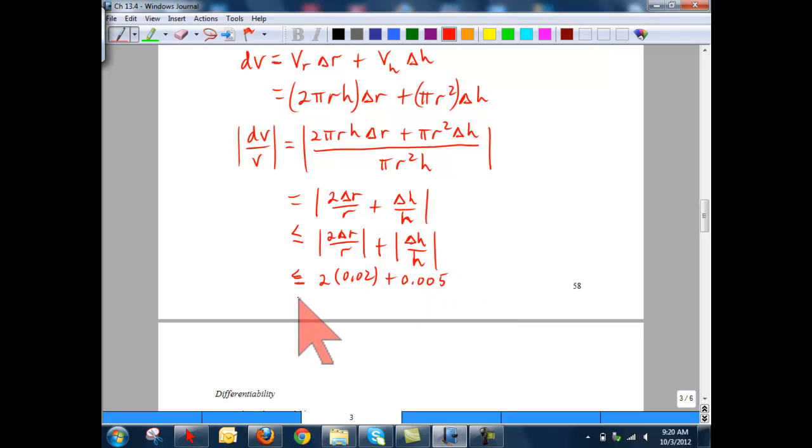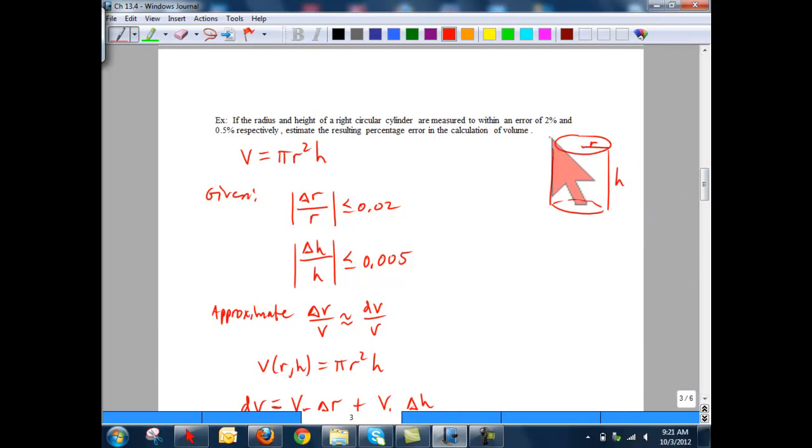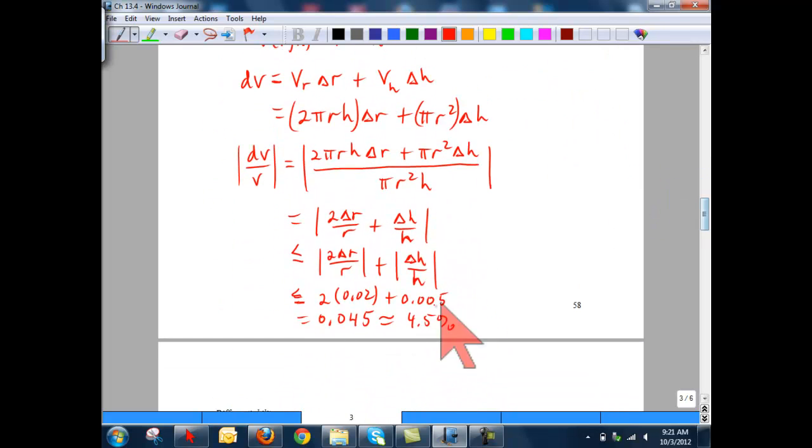And so if I add these two things together, I get 0.045, which is 4.5%. So what I've confirmed is that the error in volume caused by measurement error in the radius and height is going to be less than or equal to 4.5%.